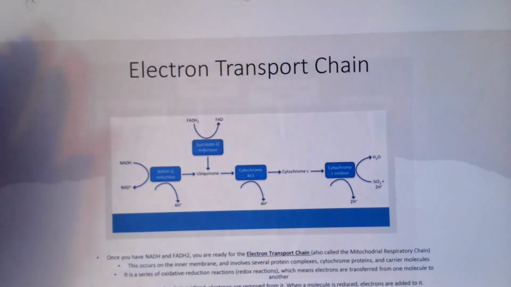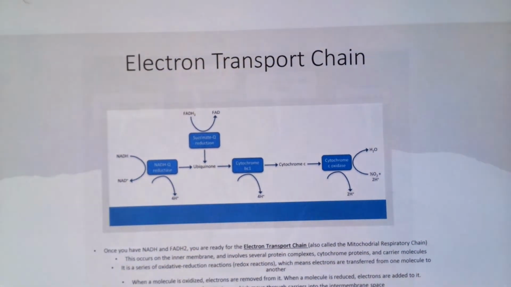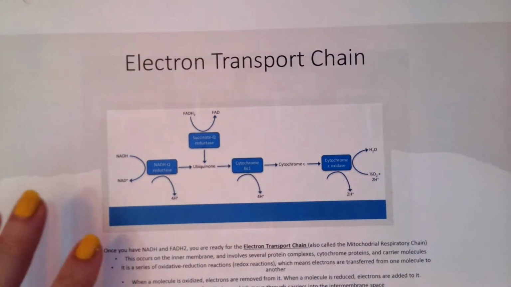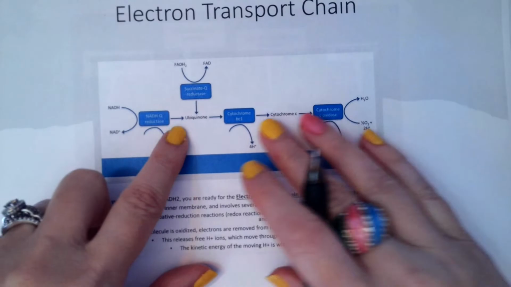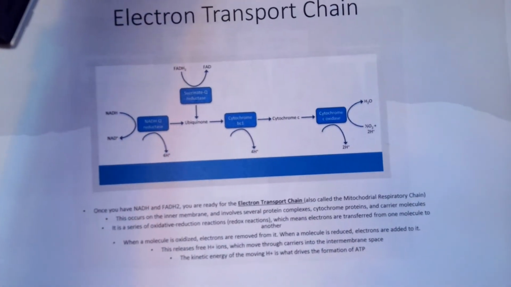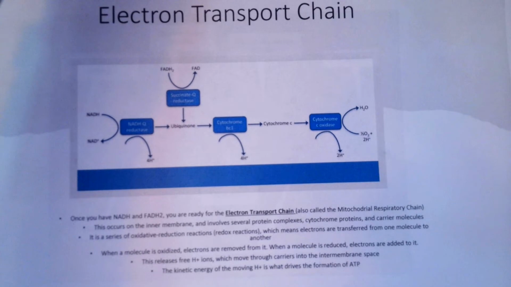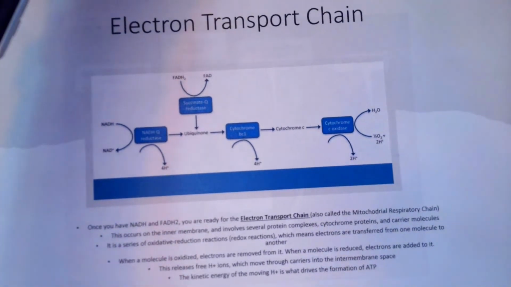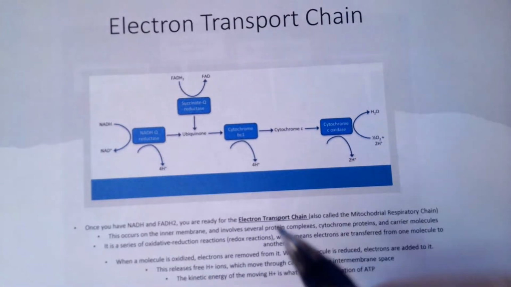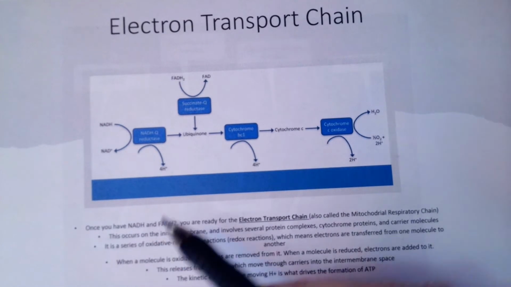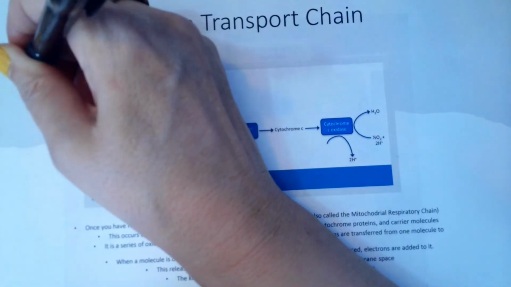Okay, so here is our electron transport chain. These are the specific components of it. We're going to see a couple other diagrams that show this in maybe more of a cartoonish way, but here it is just listed out so we can get the gist of it. Essentially, just remember, we're looking at NADH and FADH2.